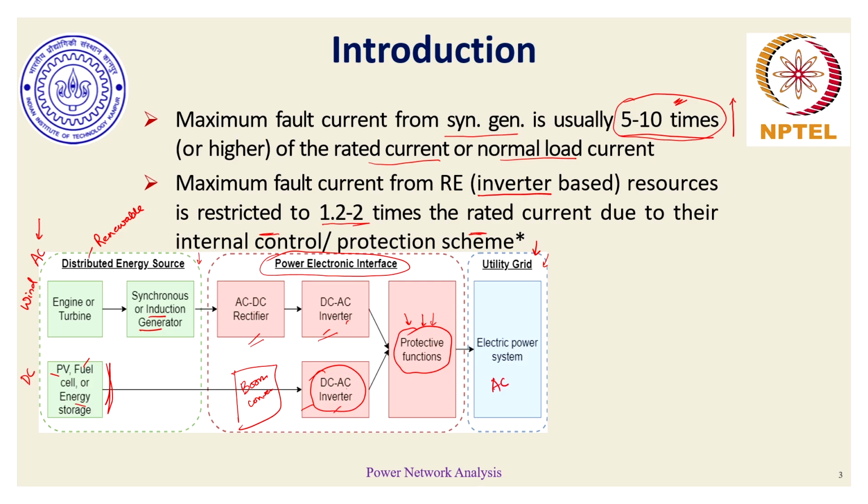So suppose the DC source is being generated at 400 volts, and we want to integrate it to, let's say, the subtransmission level of 33 kV or 66 kV, then definitely there is a need for an inverter with some voltage boost capacity. So that is where the necessity of an interface or inverter comes in. That's about DC sources.